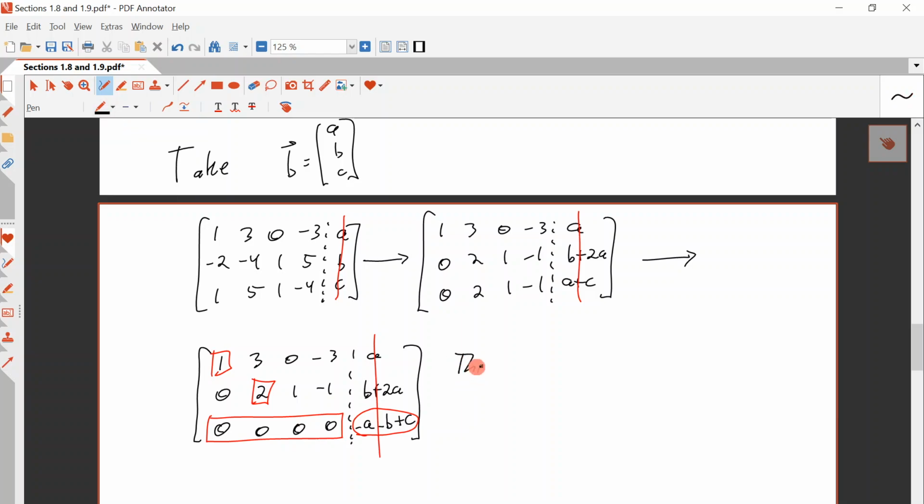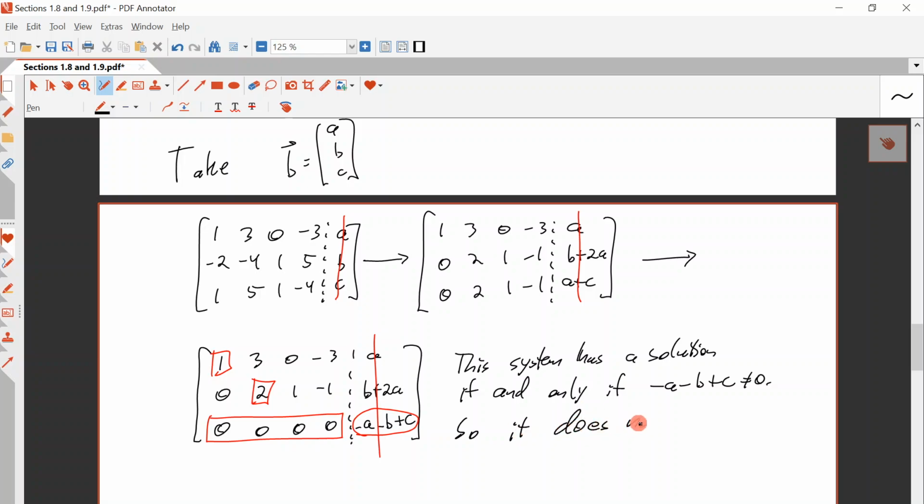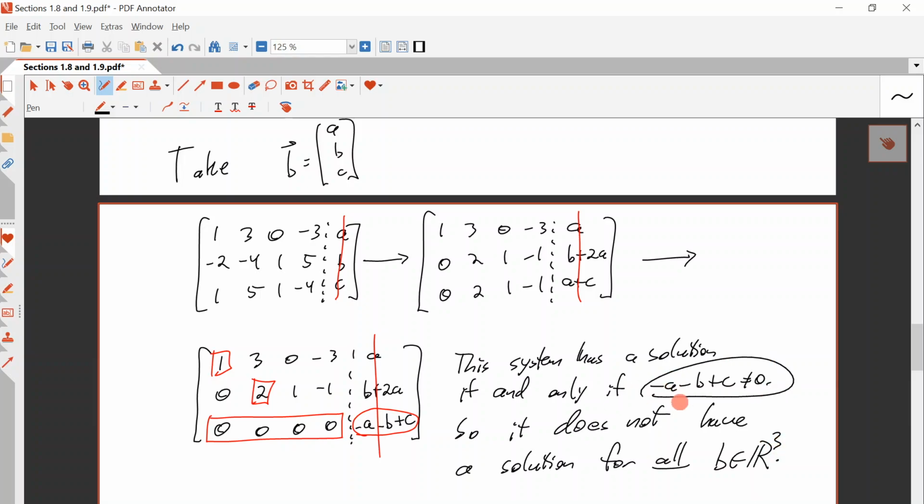All right, so this system has a solution if and only if minus a minus b plus c is equal to 0. So it does not have a solution for all b in R3. Just for some. Just the ones that satisfy this.